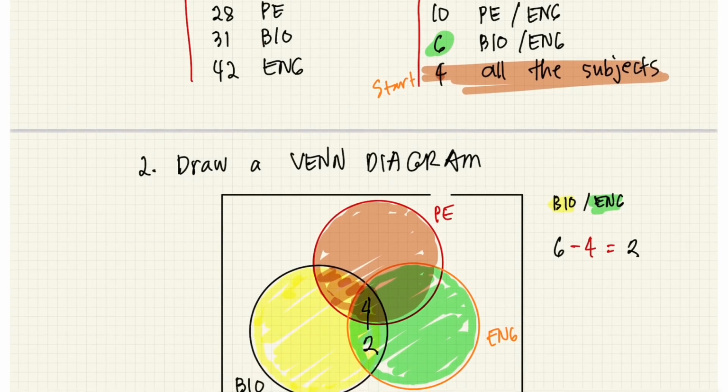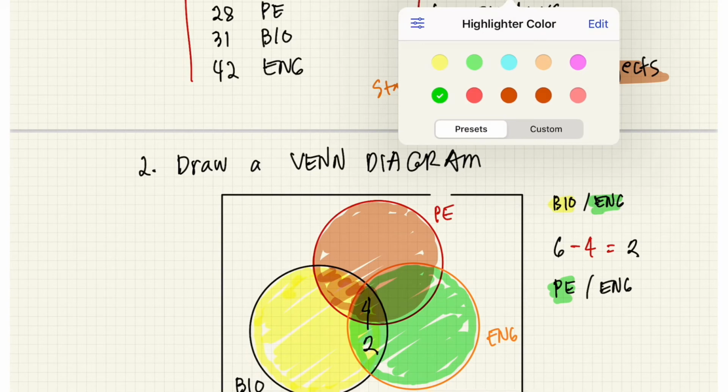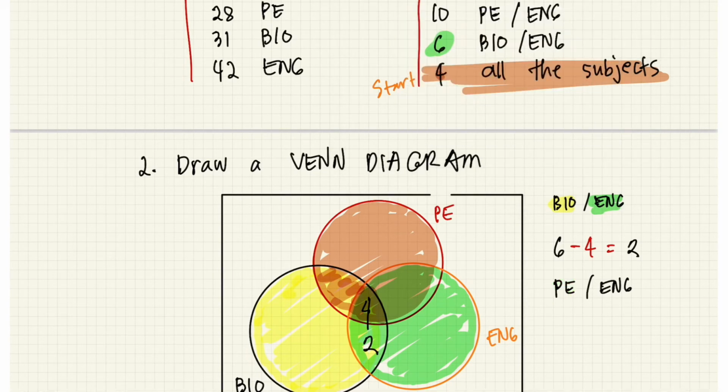Now next is PE and English. So we have a brown one and a green one. Now for this, it says that there are 10 students, right?